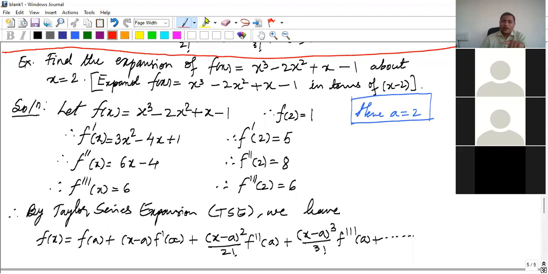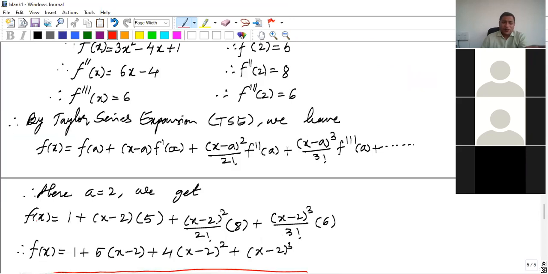So if I find the expansion about x is equal to 2, and if I find the expansion about x is equal to 3, after simplification you will get the same function, because you are representing f of x. This f of x will be there always. So you will not get a different function, only the representation is different.